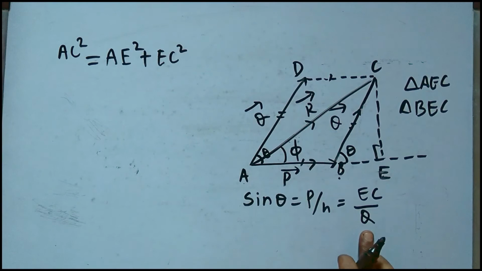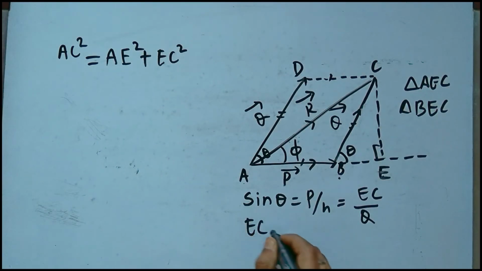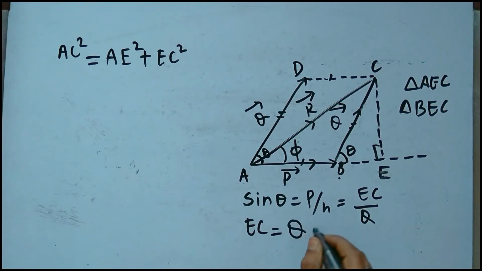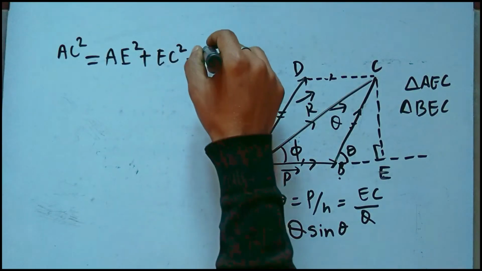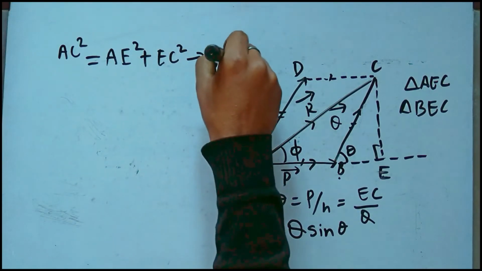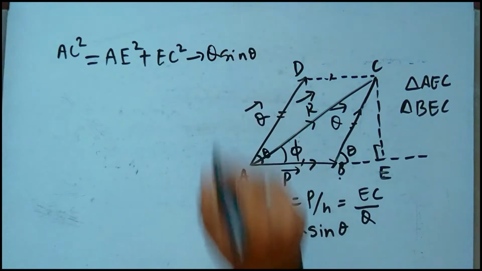Q is the magnitude of the vector Q. So EC is equal to Q sine theta. So EC can be represented as Q sine theta.